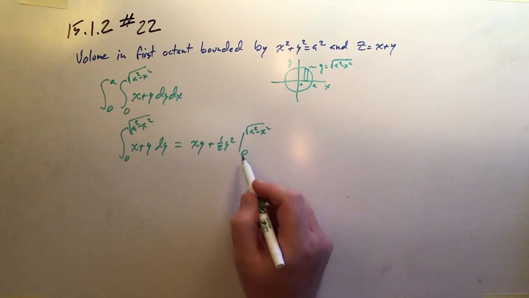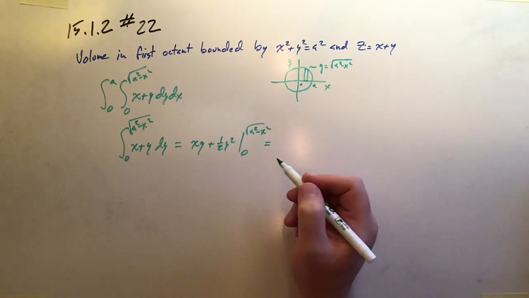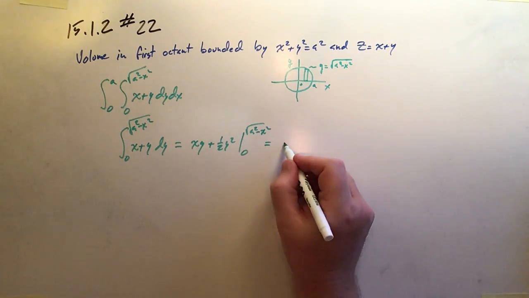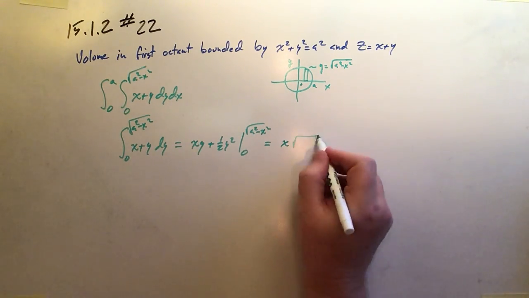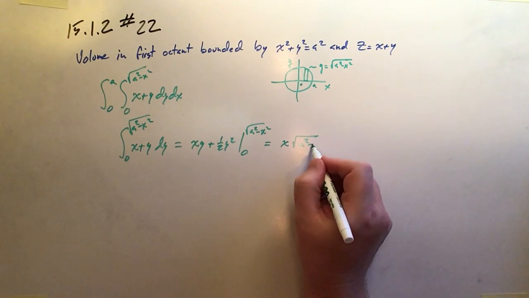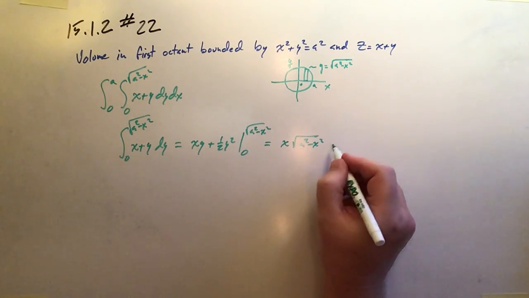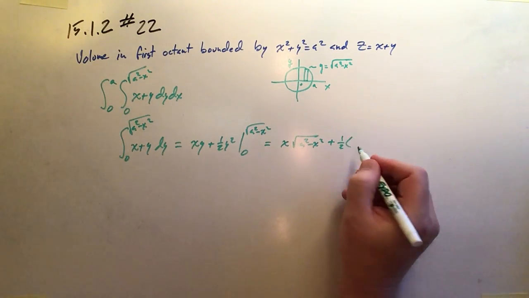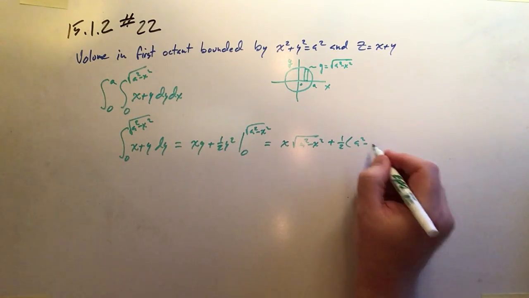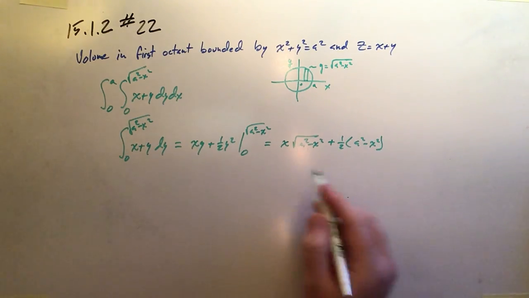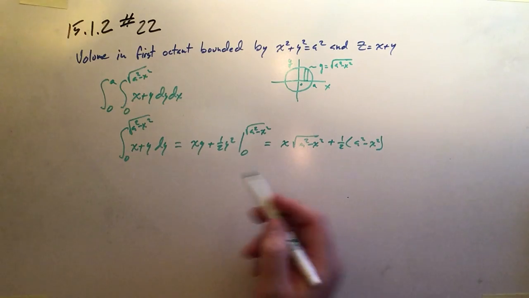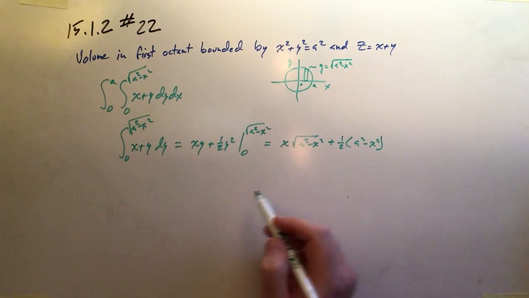Again, plugging this guy in produces a pretty messy integrand for the second stage. It actually turns out to be x times the square root of a squared minus x squared, and then plus 1/2 a squared minus x squared. So you can see with this as the argument for our next integral, that'll be the integrand right there.